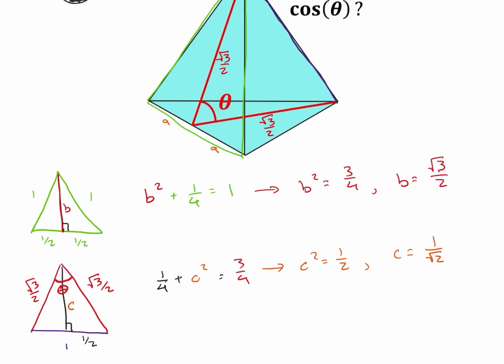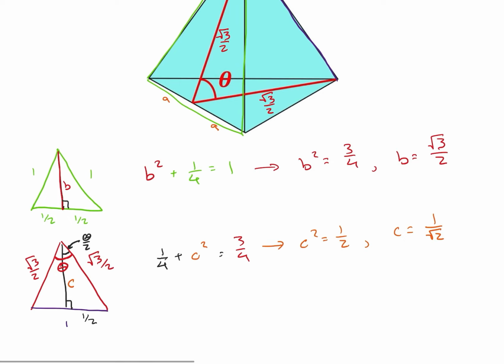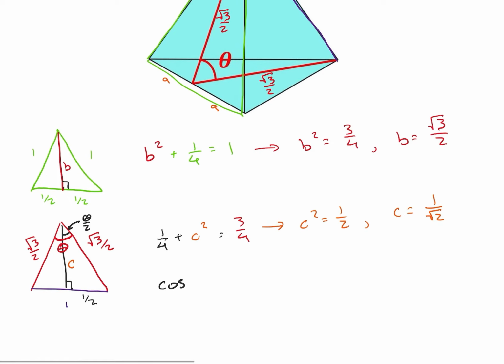If I broke it up, the smaller inside angle is going to be theta over 2. So cosine of theta over 2 is equal to C over root 3 over 2, which is 1 over square root of 2 over square root of 3 divided by 2, which is just equal to the square root of 2 divided by the square root of 3.